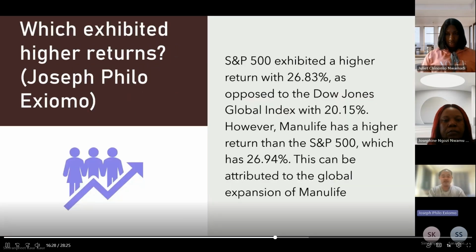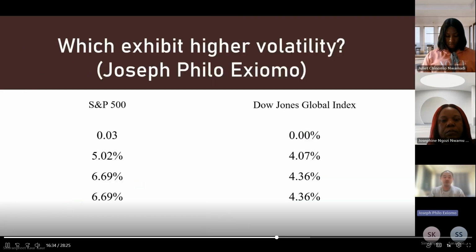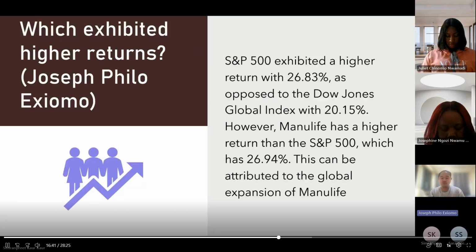which exhibited higher returns. We will now move on to the formula for us to come up with a conclusion on which exhibited higher returns. For the S&P 500 and Dow Jones Global Indexes, S&P has exhibited a higher return with 26.83 compared to Dow Jones with just 20.15.